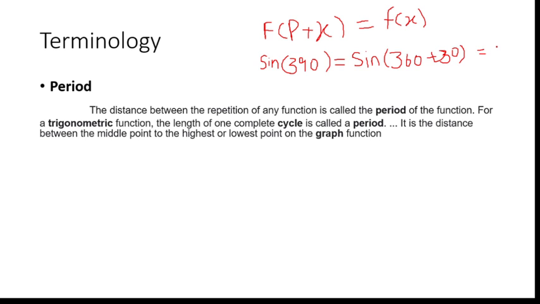How is this the same? I just draw a graph to understand how it is. Basically, look here, a complete rotation is equal to 360 degrees. Notice here, this is 0 degrees, this is 90 degrees.